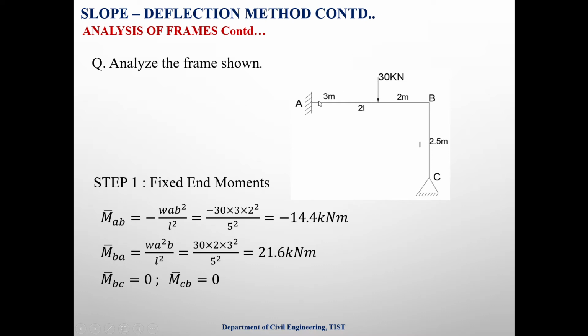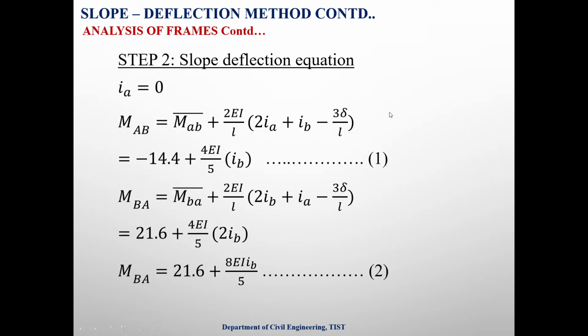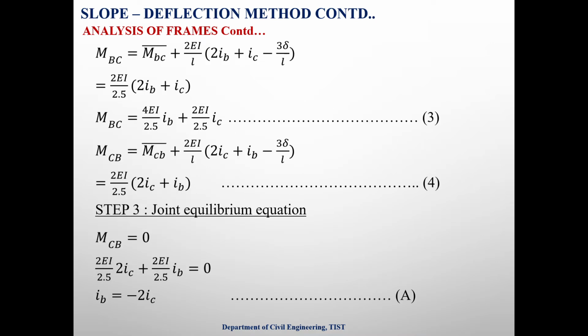And since A is a fixed support, theta A is equal to 0. We have two unknowns here, one is theta B and one is theta C. Substitute all the fixed end moments, theta A equal to 0 and delta equal to 0, then we will get equations number 1, 2, 3 and 4.